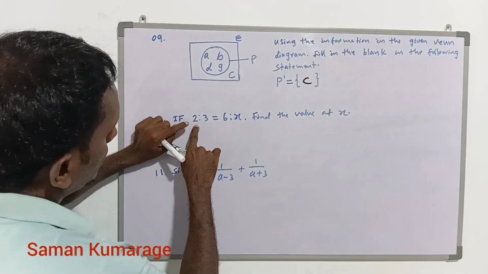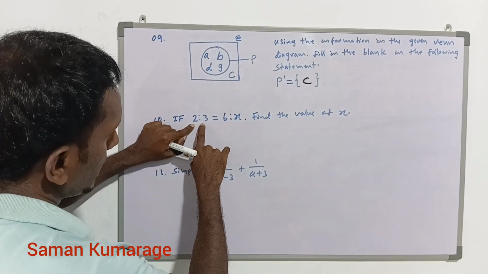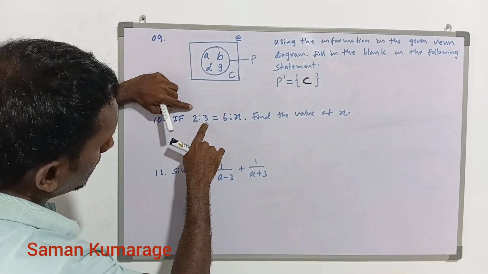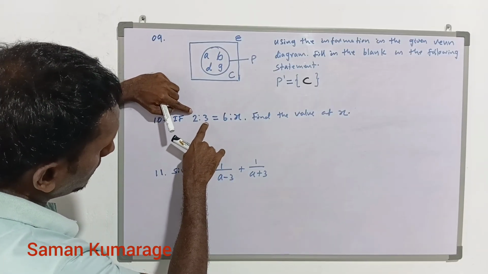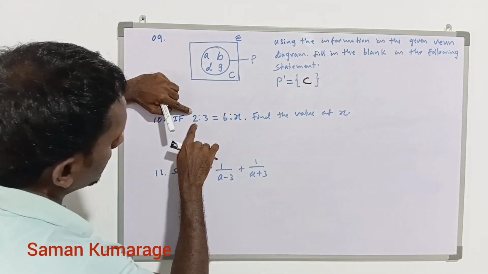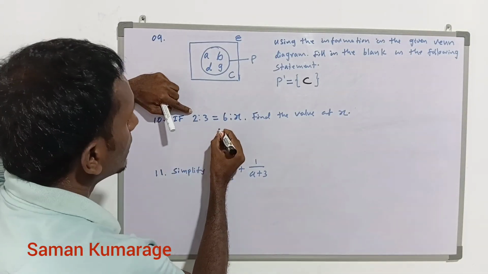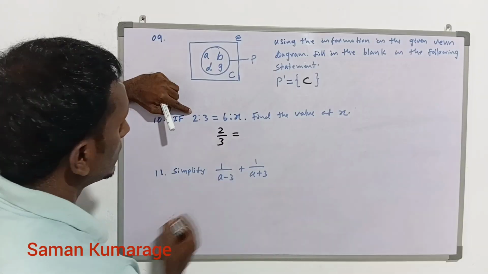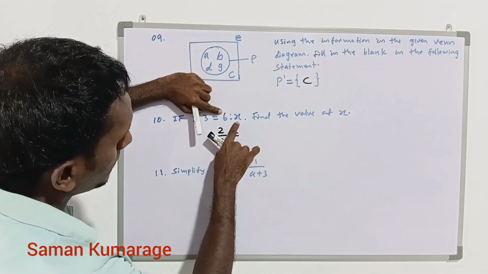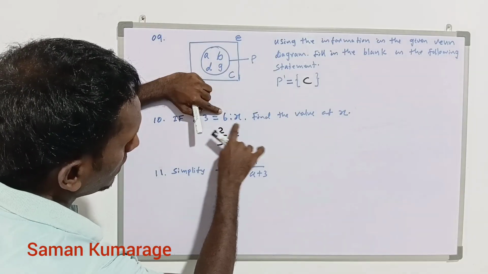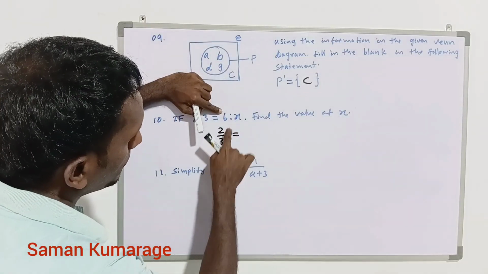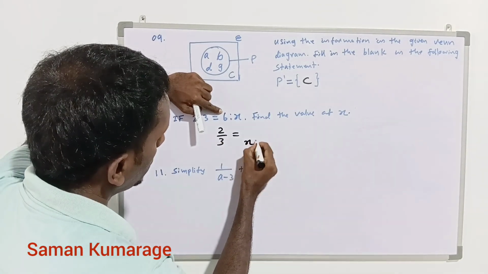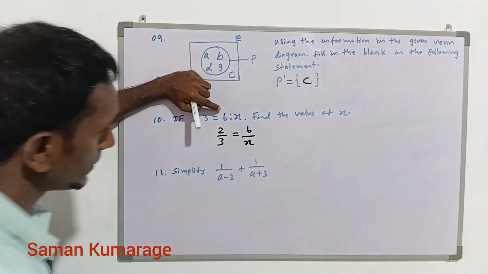To convert a ratio to a fraction, we write the second term as the denominator and the first term as the numerator. Then we write 2 over 3 equals, here x as the denominator and 6 as the numerator.